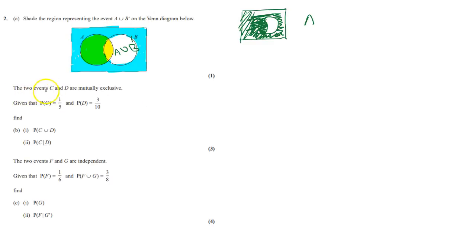There are two events C and D, mutually exclusive events. Now we are talking about mutually exclusive events. So we have P(C) is 1/5 and P(D) is 3/10.